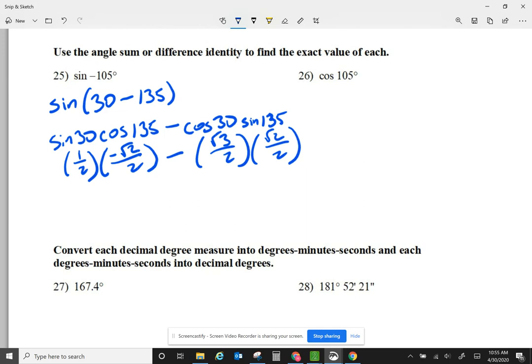So looking at my two fractions, I'm going to multiply my first two parentheses. I'm multiplying the top, positive 1 times a negative radical 2, going to give me a negative radical 2 over 4. Then I have minus radical 6 over 4.